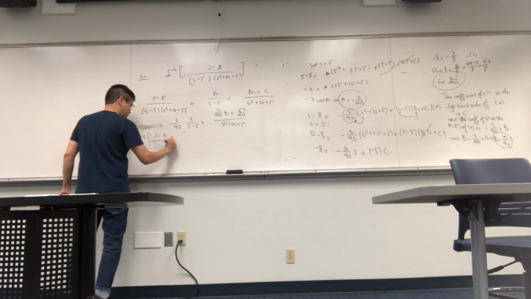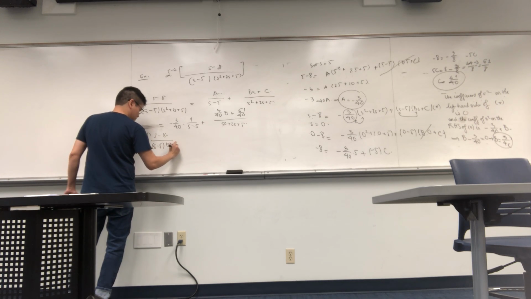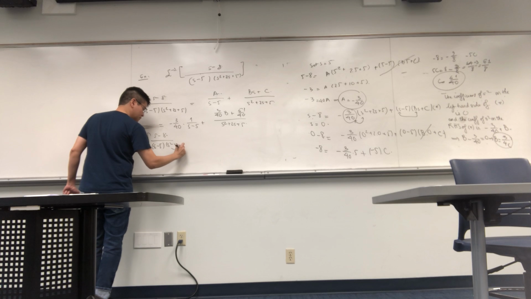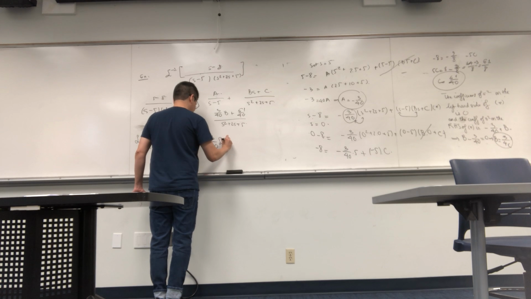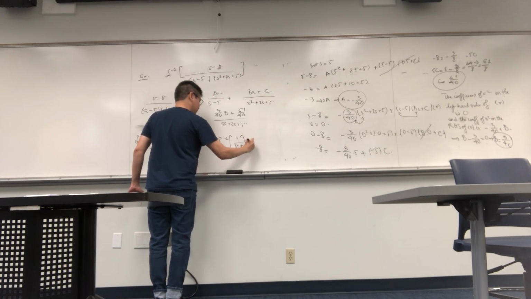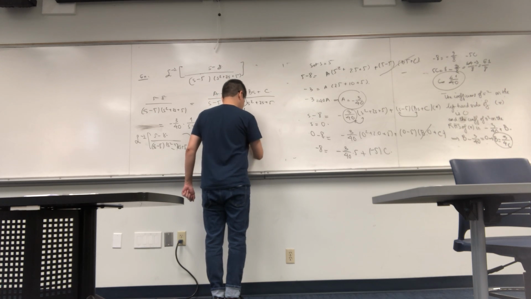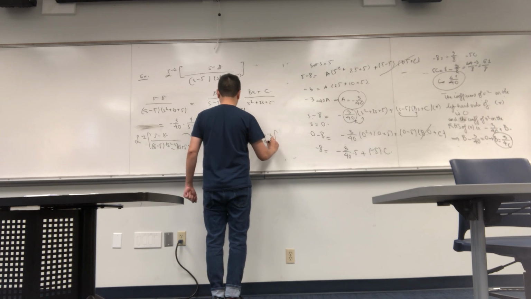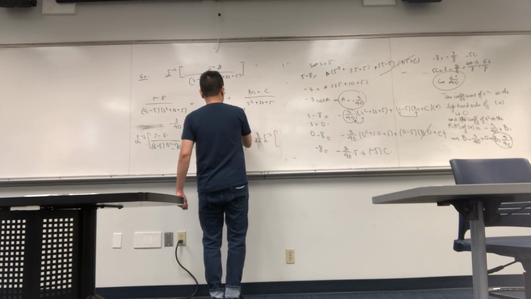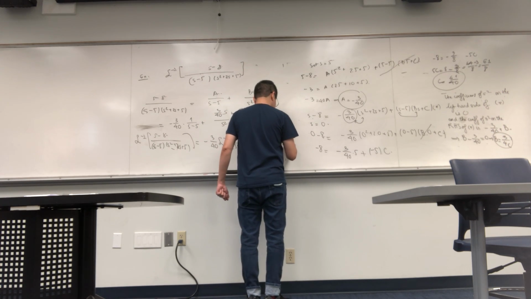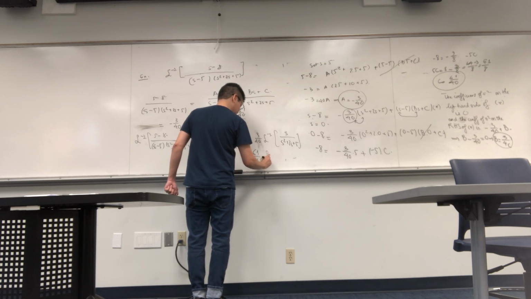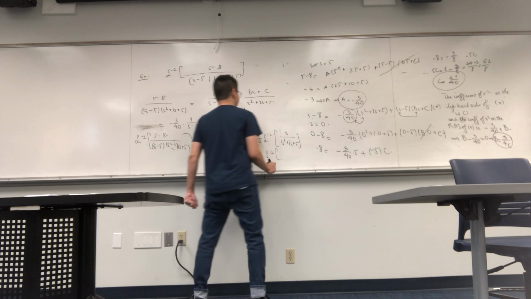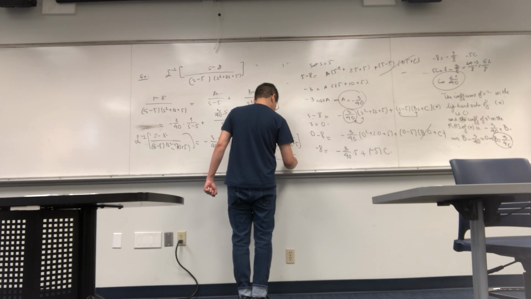It is going to be minus 3 over 40 inverse Laplace transform of 1 over s minus 5 plus 3 over 40 inverse Laplace transform of s over s squared plus 2s plus 5 plus 61 over 40 the inverse Laplace transform of 1 over s squared plus 2s plus 5.